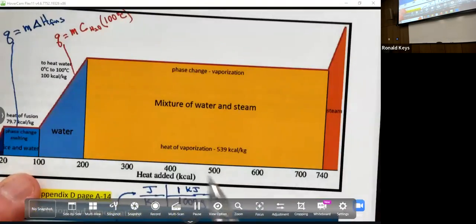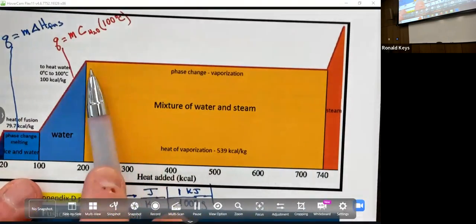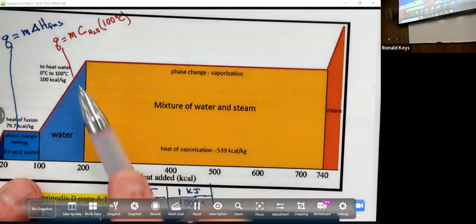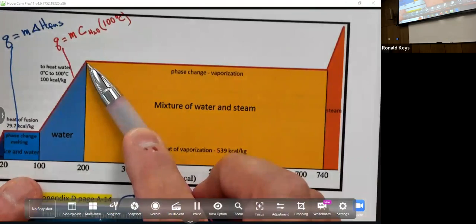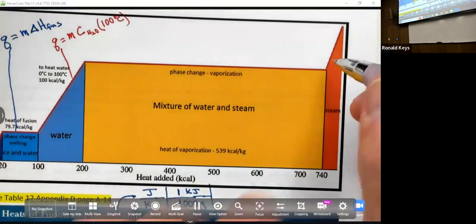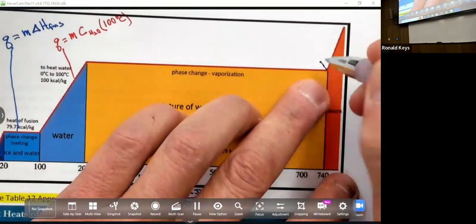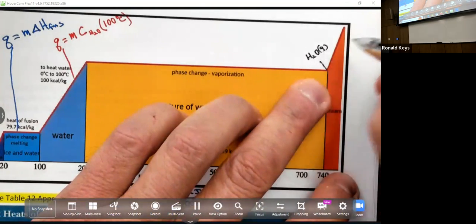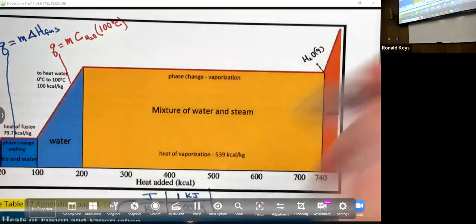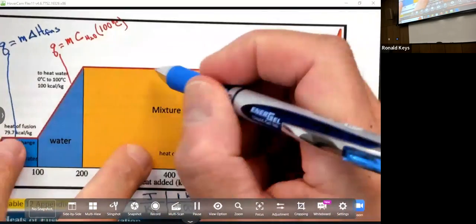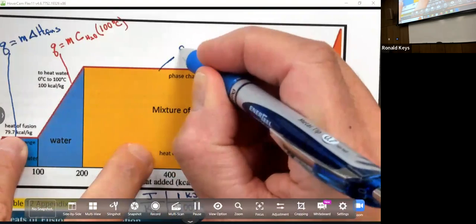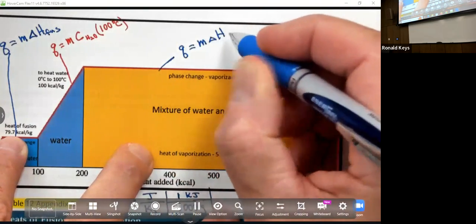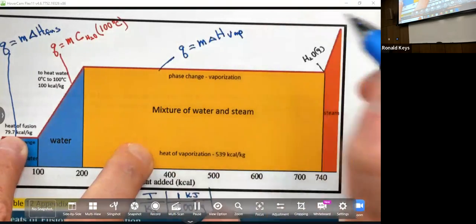But the big one that takes all kinds of energy is this. The phase change to change all of that liquid water at 100 to H2O gas at 100, right? This value right here is Q is equal to M times the enthalpy of vaporization.